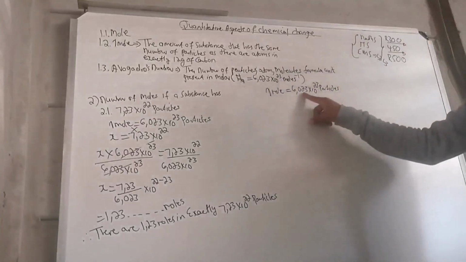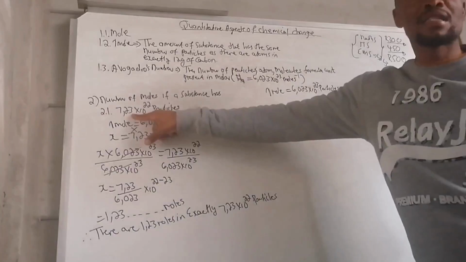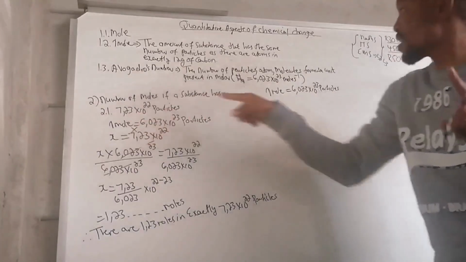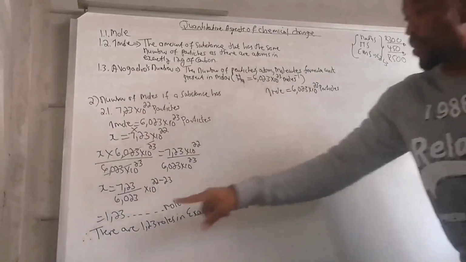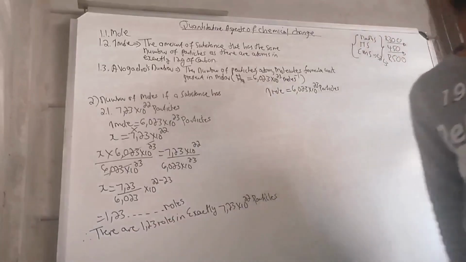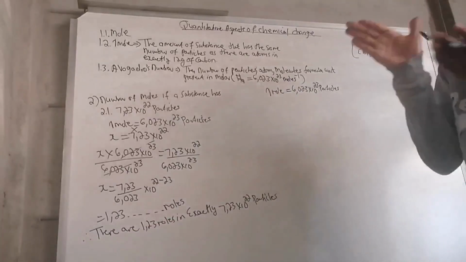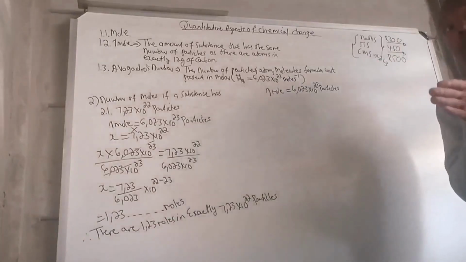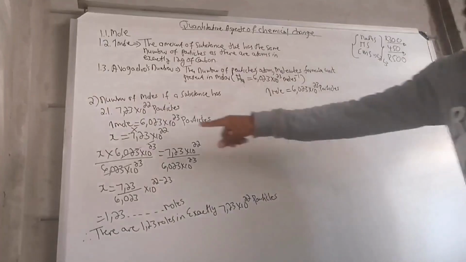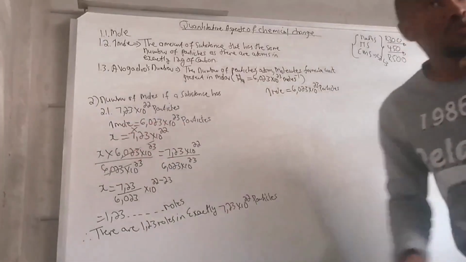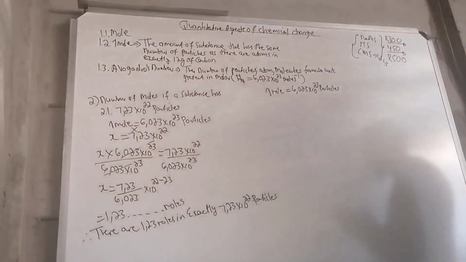That is why we have 1.23, because as you increase the number of particles, you increase the number of moles. As you decrease the number of particles, you decrease the number of moles. So that makes sense.